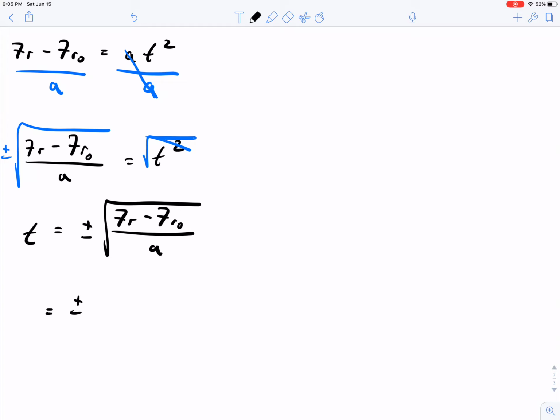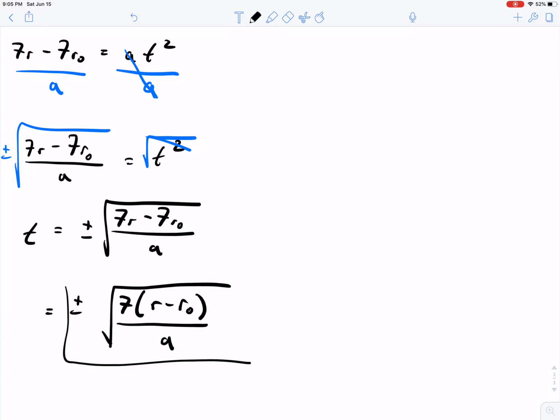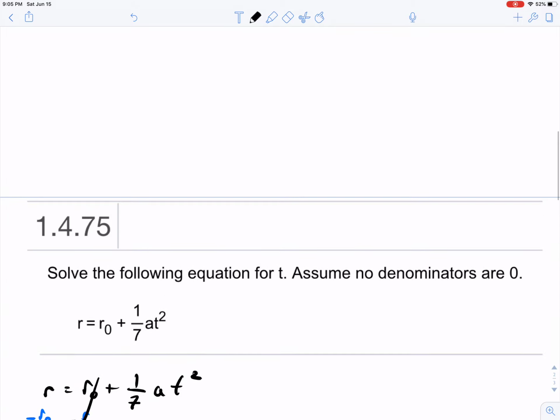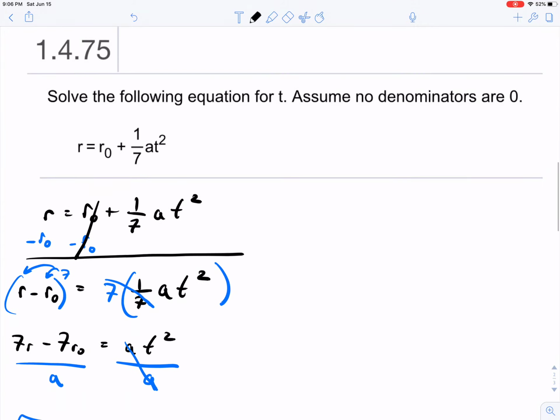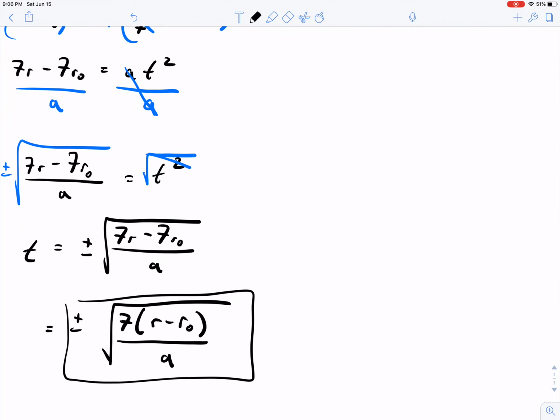So it should be plus or minus the square root of 7 times r minus r naught divided by a. But it looks like something's a little different. Their answer looks like it has an extra a. I will take a look at it, and see what you're submitting and what they're saying the answers are.